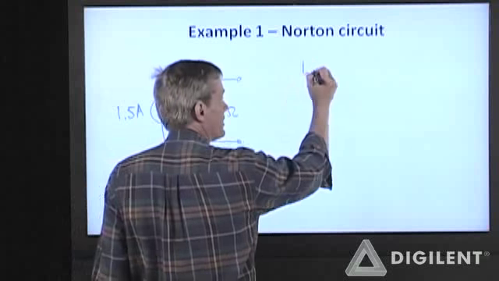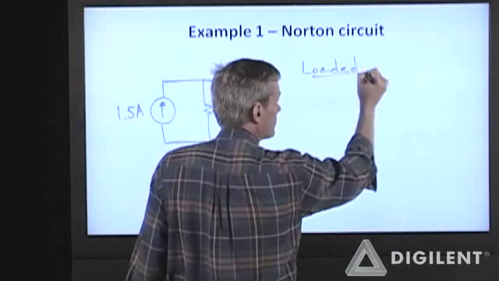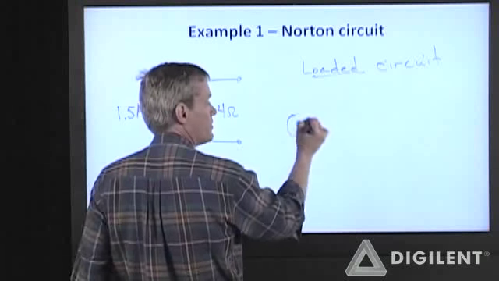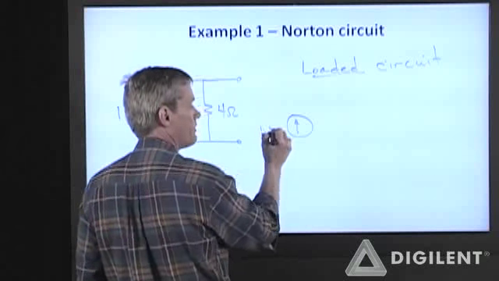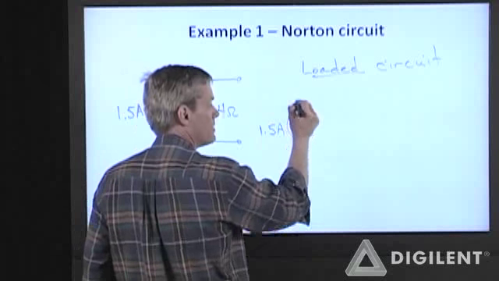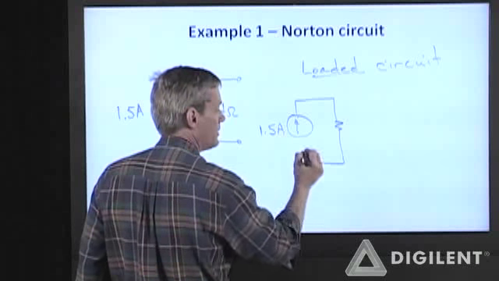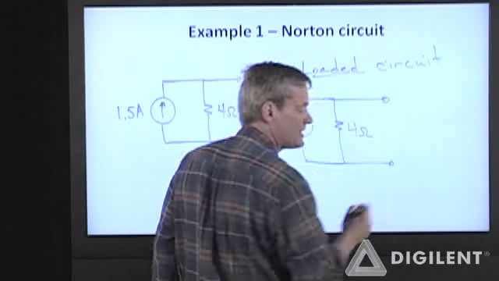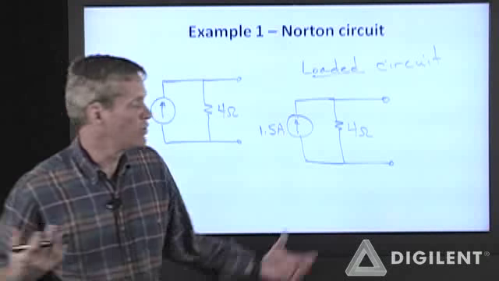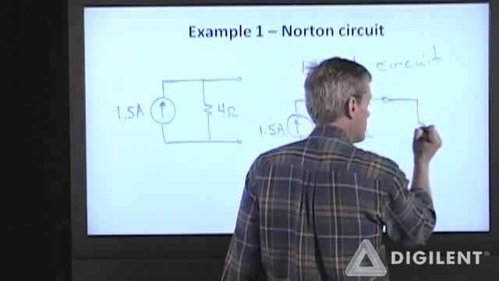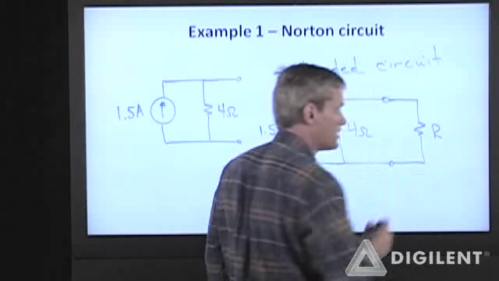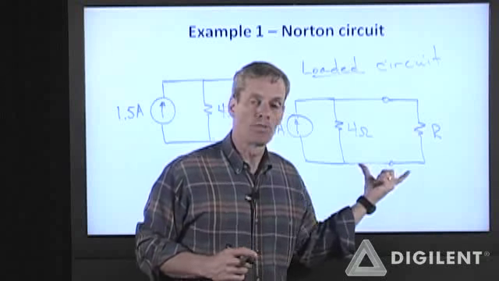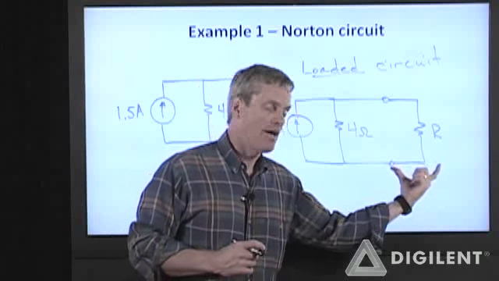Now my loaded circuit: I take this Norton equivalent, 1.5 amps, in parallel with its 4 ohm resistor, and I reattach the load that I removed to these terminals. So resistance R.